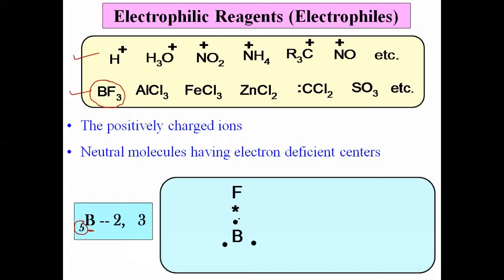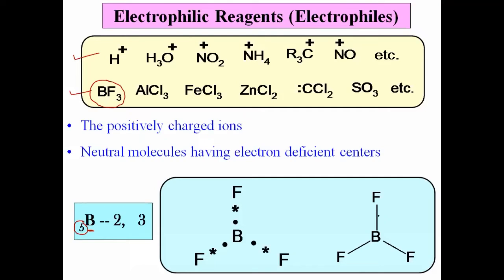Similarly, another fluorine atom also has an unpaired electron, which forms a second covalent bond with boron. Again one more fluorine atom shares its electron with boron, and thus 3 covalent bonds are formed.